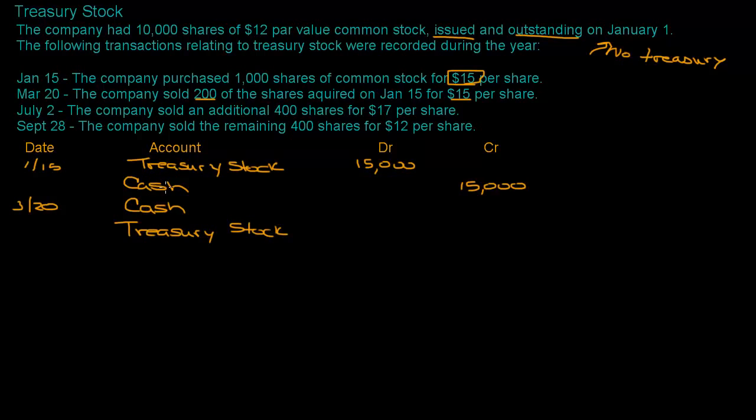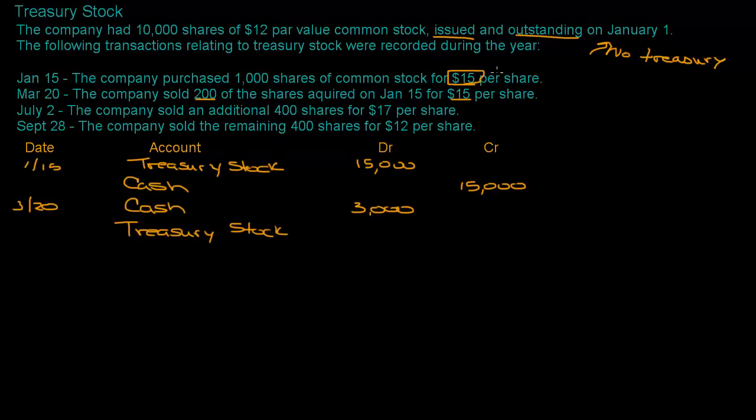So if we look at this, I've got cash coming in. Let's figure out the cash first. 200 shares times $15 per share. The company is going to receive $3,000 in cash. And then the value of the treasury stock, remember, if we put it in at $15 per share, we've got to pull it back out at $15 a share.